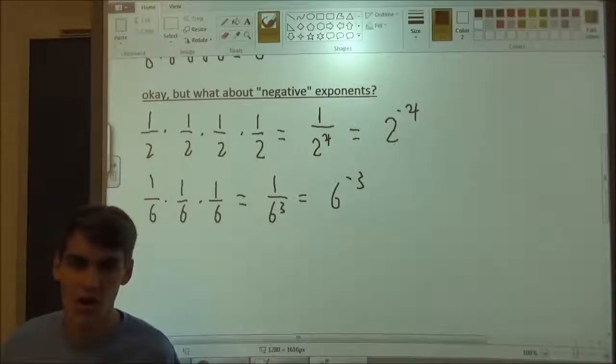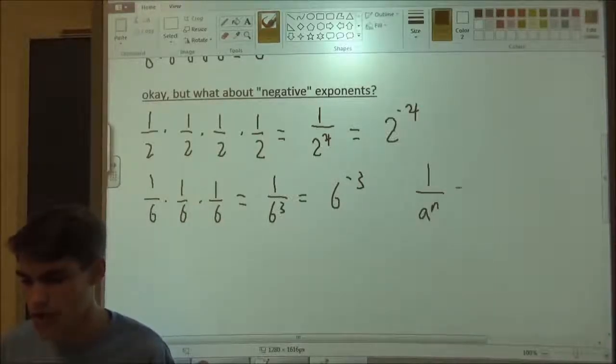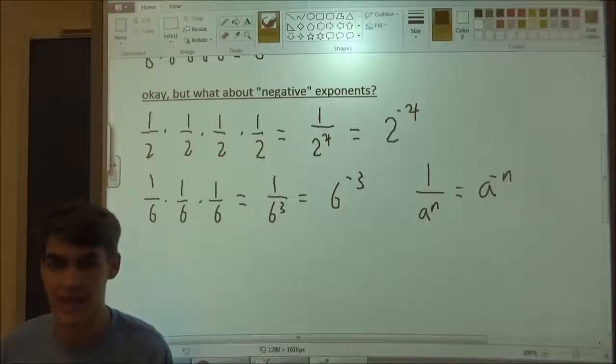Basically, all negative exponents are when you have something on the bottom of the fraction: if you had 1 over a to the n, that's just equal to a to the negative n.